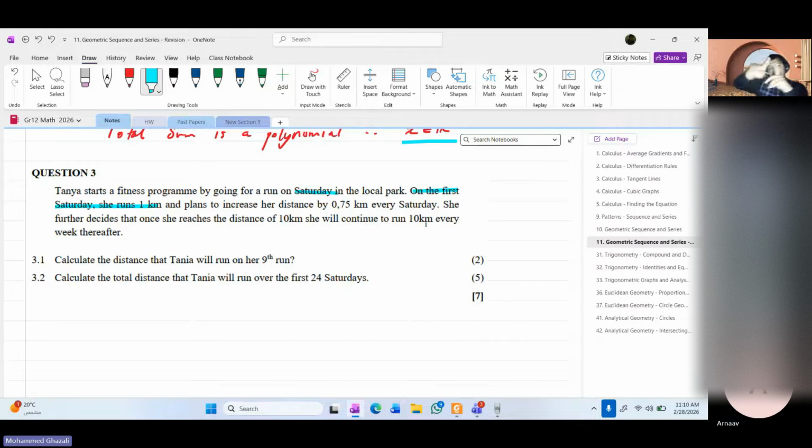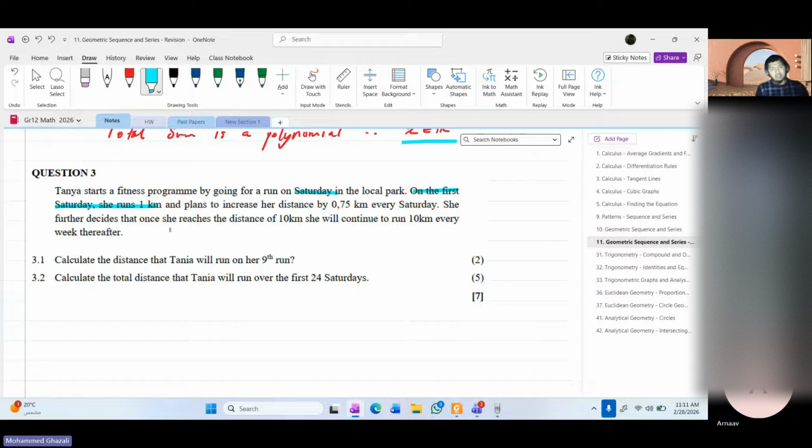So on the first Saturday, she runs 1 kilometer. Next Saturday, she runs 1 plus 0.75, which is 1.75. So it's increasing by 0.75 every week. It can't be geometric because we're not multiplying, we are adding 0.75 every week.